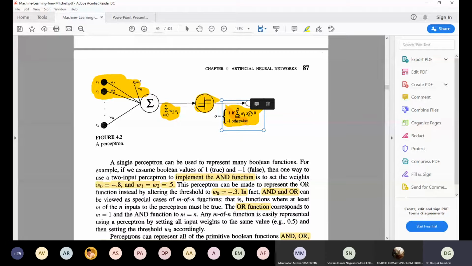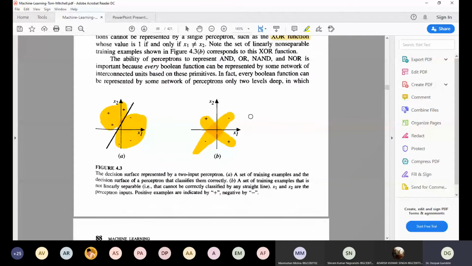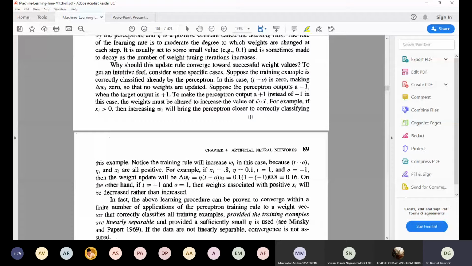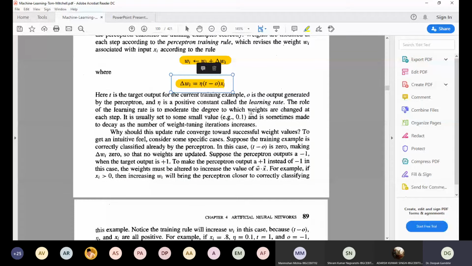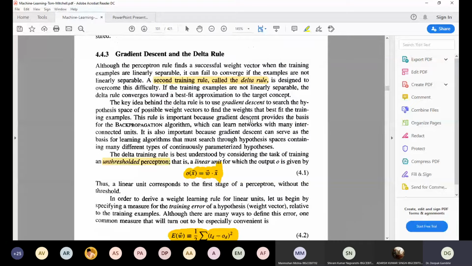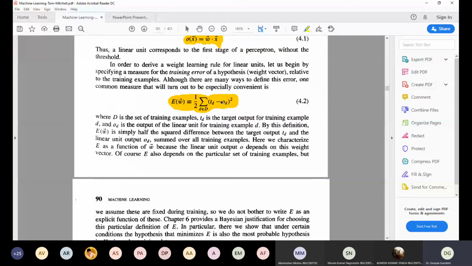If we train such a network, the change in weight is given by eta, the learning rate, times t minus o into xi. In simple terms, with the delta rule, the error is considered to be the mean square error, that is the square of the error added up, a sum of square error.